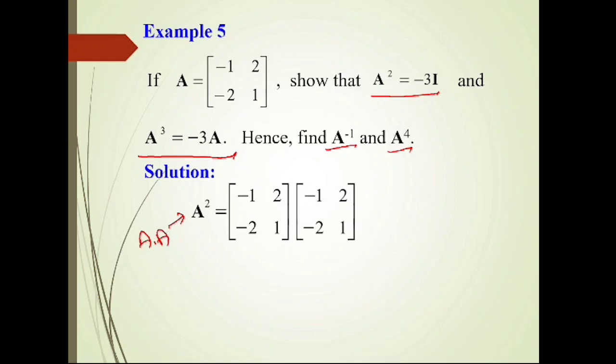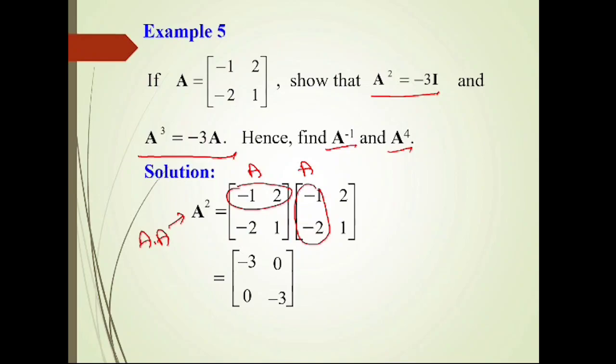So you have to write matrix A next to matrix A and multiply the rows and columns. Multiply the elements one by one, and that will be your answer. Since you want to show that A squared is equal to negative 3I, we have to show that this is equal to negative 3I. Shown.